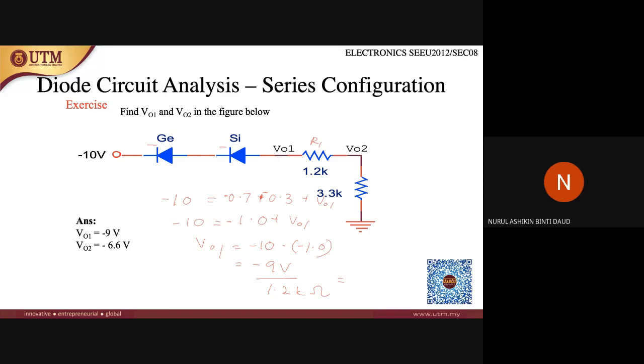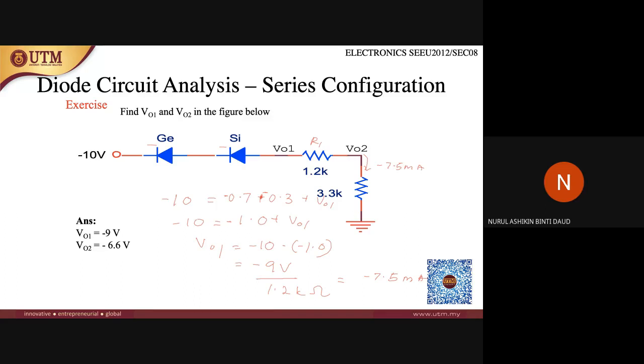Minus 9 divided by 1.2, you will get minus 7.5 milliampere. So the current that flows here is minus 7.5 milliampere. Today I think we need lots of exercise.